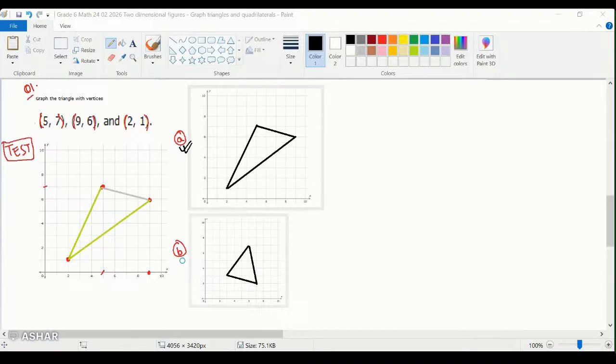For the next question, it says graph the triangle with the vertices. Just a moment, please. If the triangle is question number 2, let me copy paste.